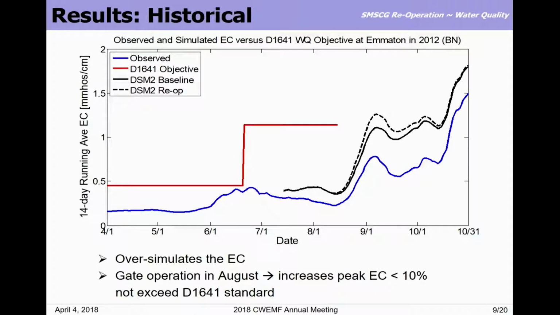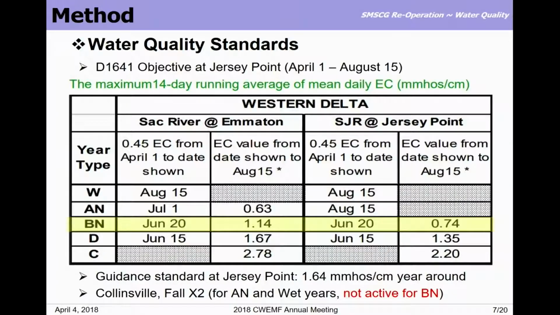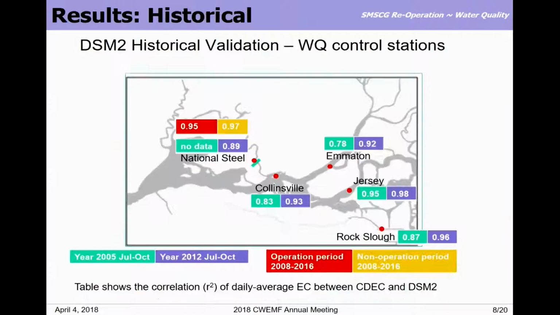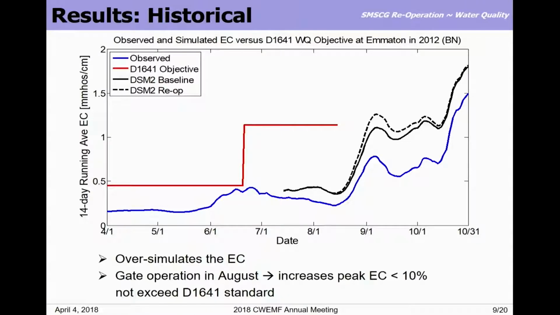The dashed line is where we apply the reoperation in the historical time. You can see the reoperation elevated the EC by less than 10%. But for Emmaton, as I mentioned earlier in the slides, Jersey Point is our concern location. For Emmaton, you can see the relevant standard actually stops at August 15.